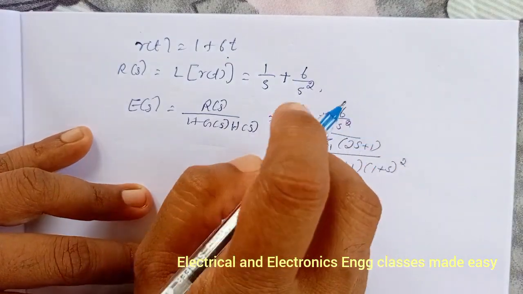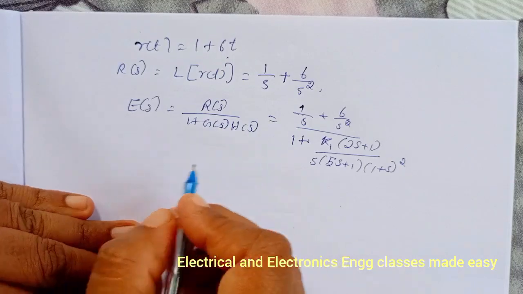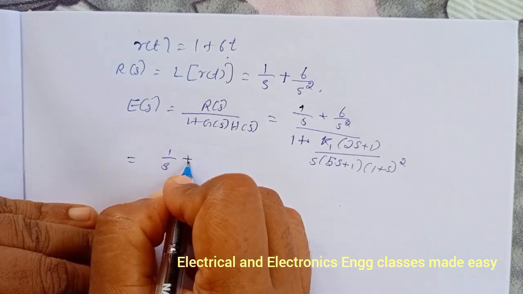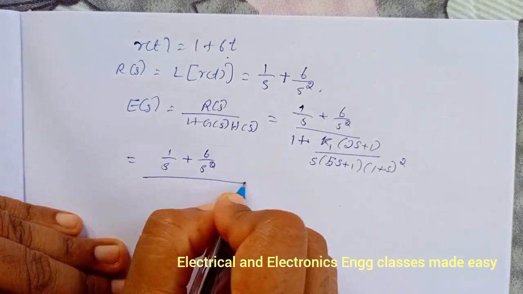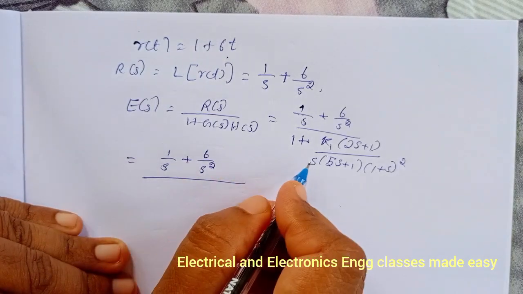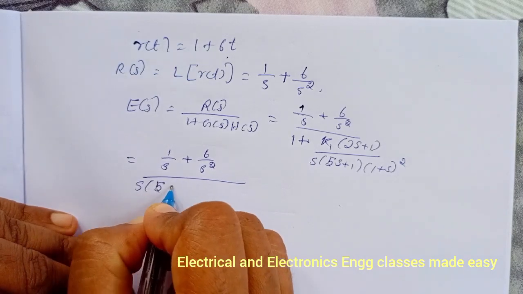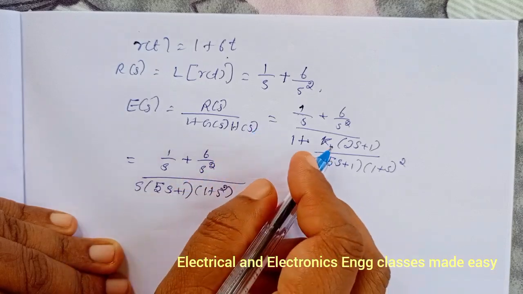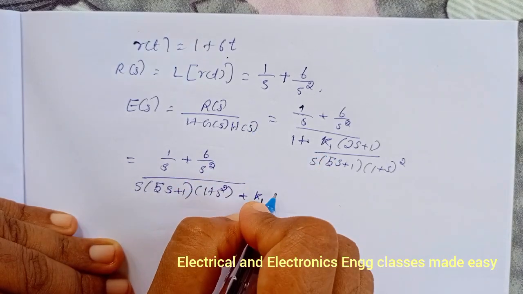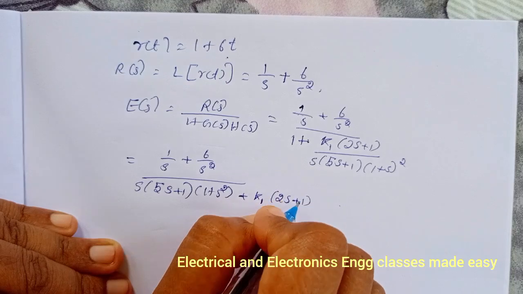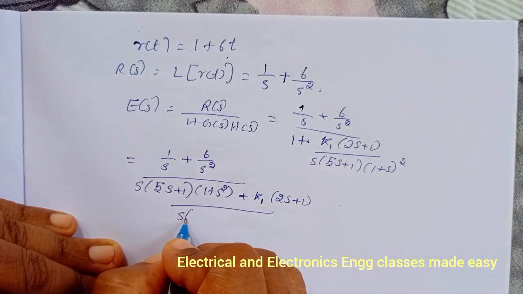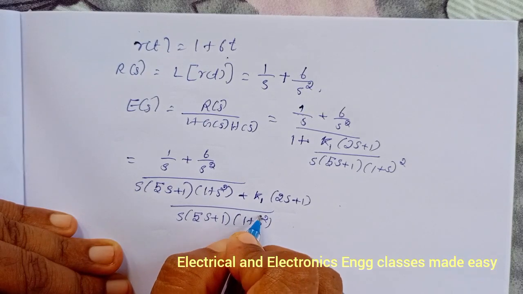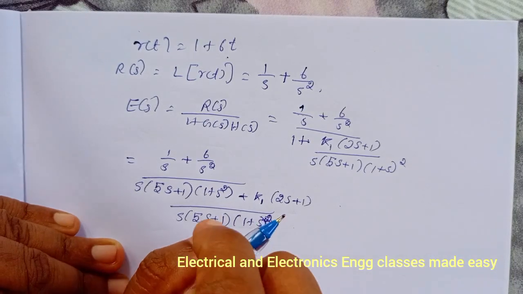It is a unity feedback system, so H(s) is 1.